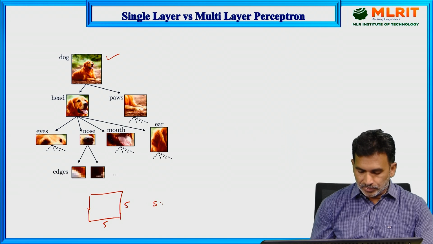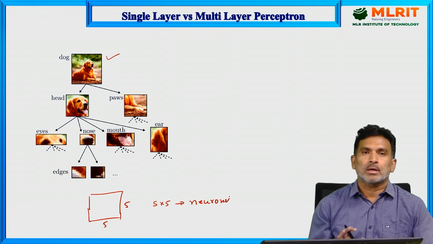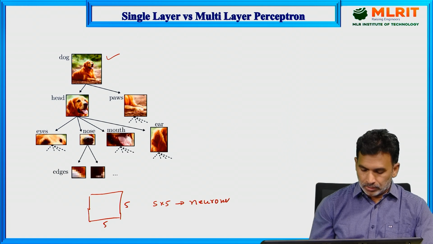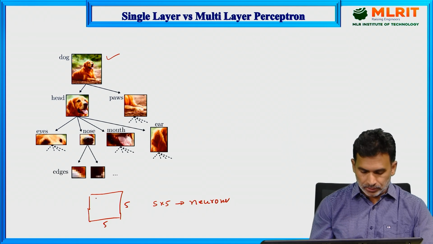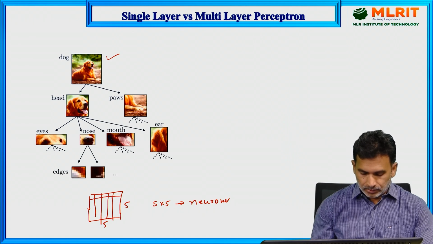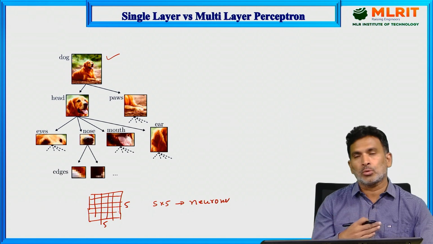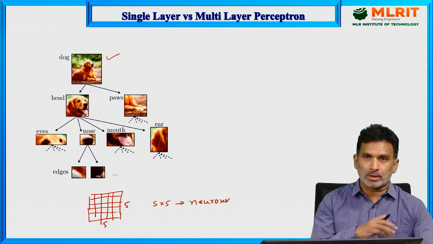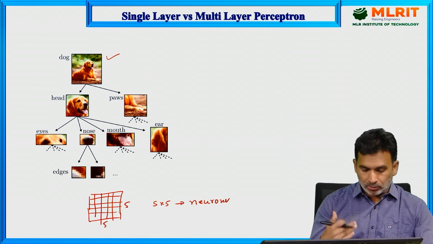So 5 times 5, this many neurons are required in the input layer. These are the features. In this image, each pixel would be considered as one feature. There are 5 by 5, so 25 pixels. Each neuron in this input layer would receive one pixel as an input. So that is a very low level abstraction.